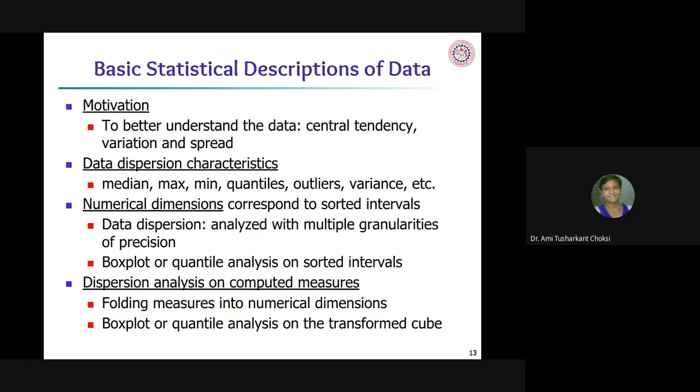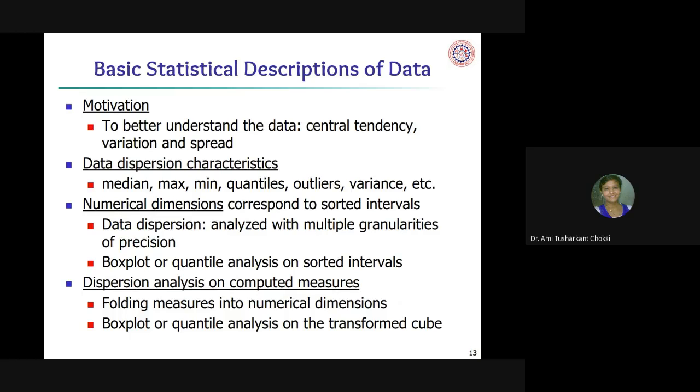Numerical dimensions that correspond to sorted intervals. In that, what do we consider? That is data dispersion, analyzed with multiple granularities of precision, right? Box plot or quantile analysis on sorted intervals.